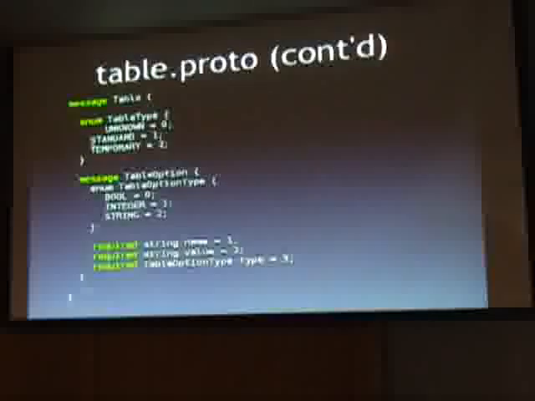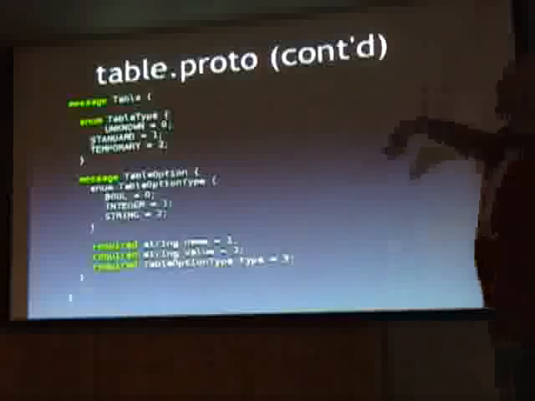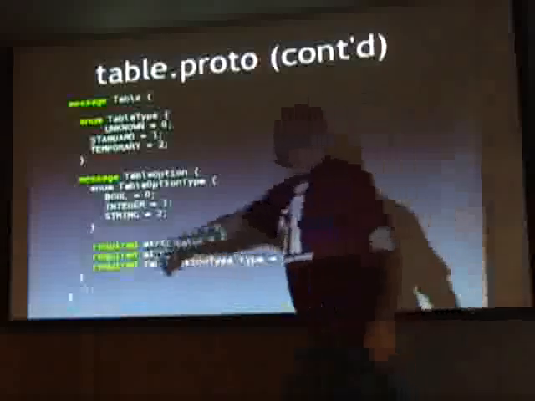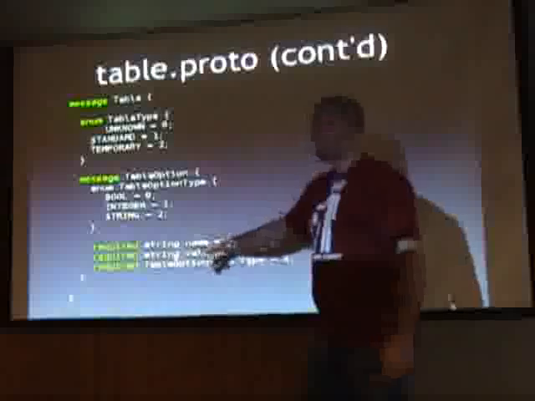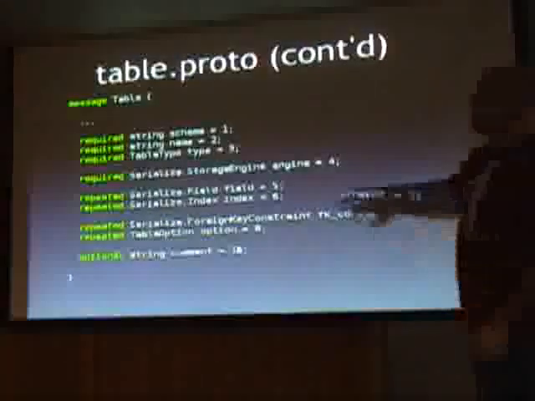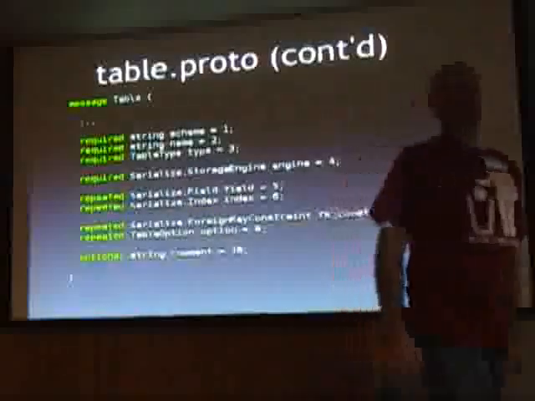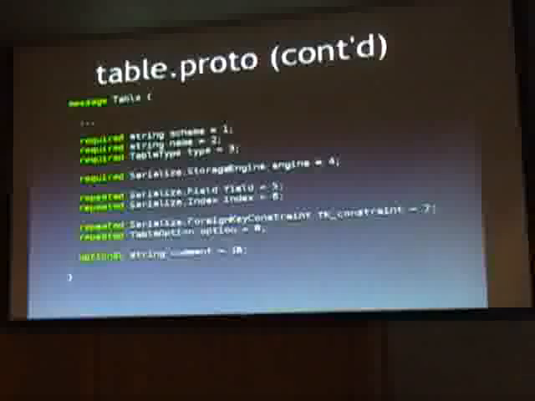So let's see an example of how this all works out. Here are the descriptors, the types, the name of the field, then the index. What I'm showing here is a field of the storage engine message class.